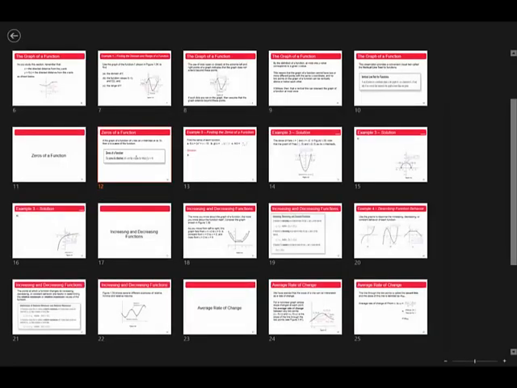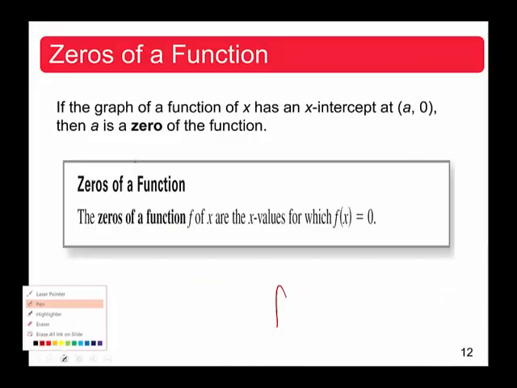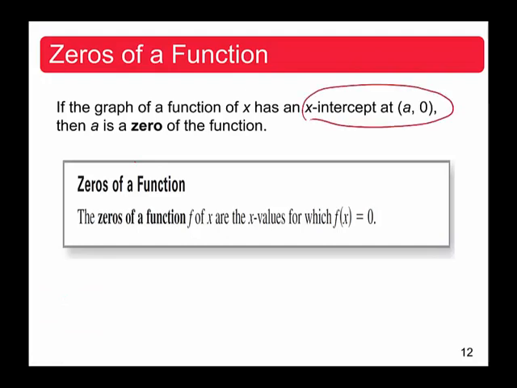So zeros of the function is determined by this standard procedure. The x-intercept is typically written as (x, 0), so the y value is always 0. That's the guiding principle.